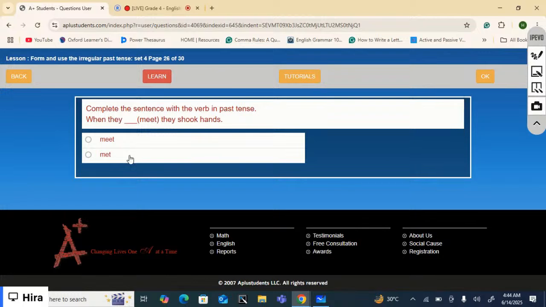So the correct past tense word is met. When they met, they shook hands.